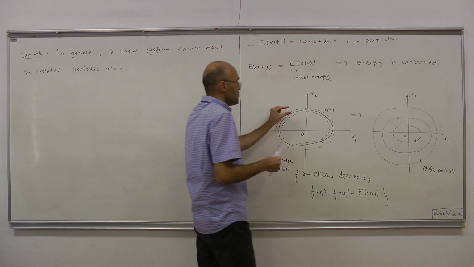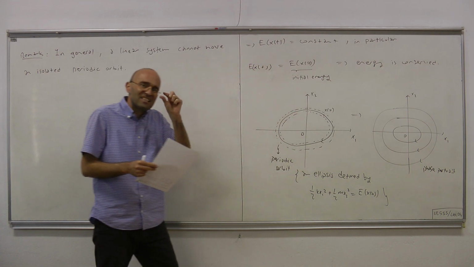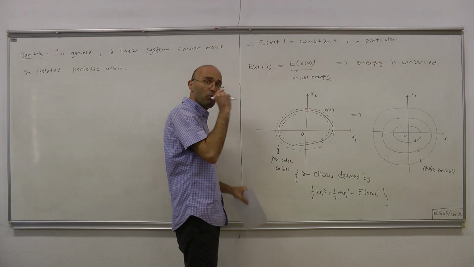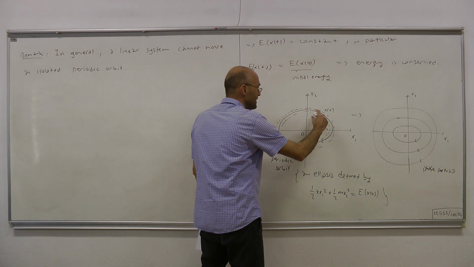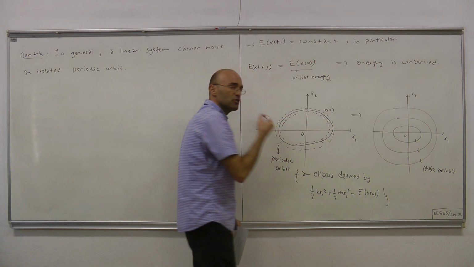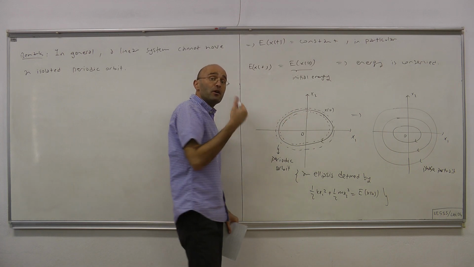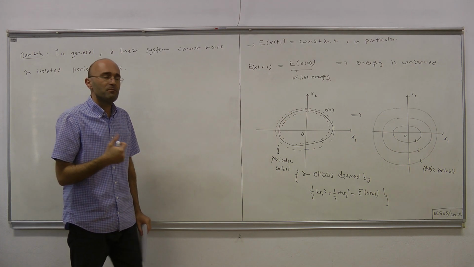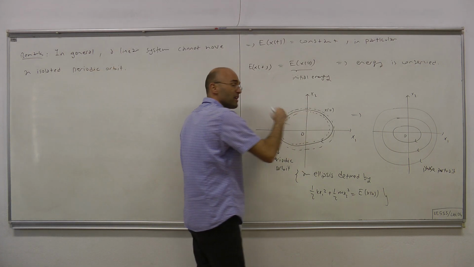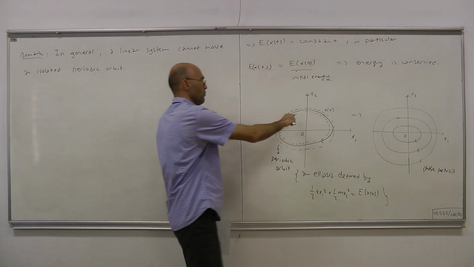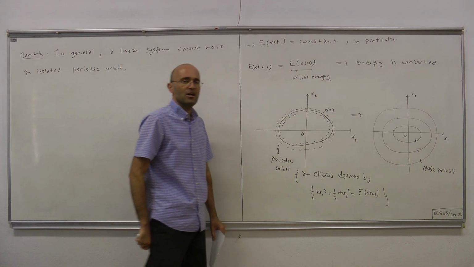Now if you reach some tininess, but still it has some positive thickness, and within that region this trajectory is the only periodic orbit within that positive thickness torus, then that periodic orbit is called isolated.